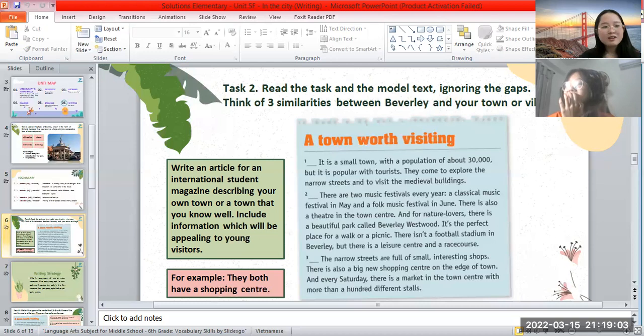I thought that since you thought for quite a long time, you could have a very new one that I could never think of before. So the 3 similarities between Beverly and your town are that they both have interesting shops, they both have markets, and they are both a small town. So these are the similarities between the two towns.